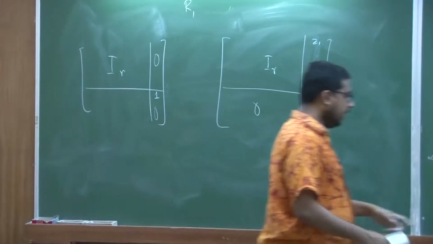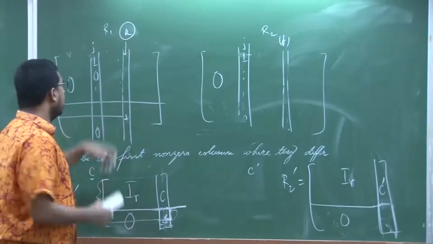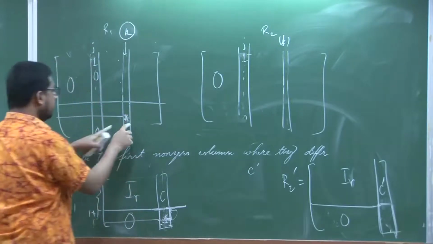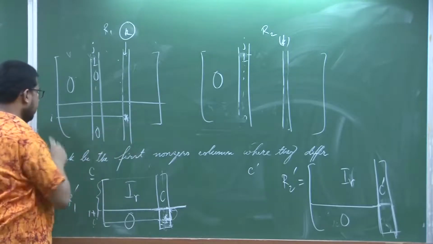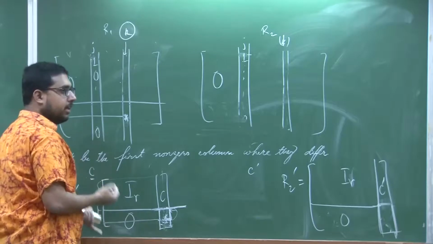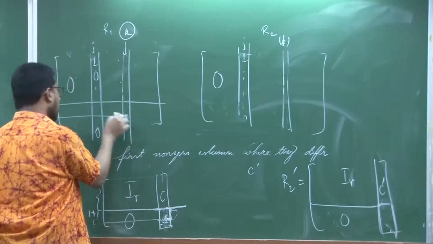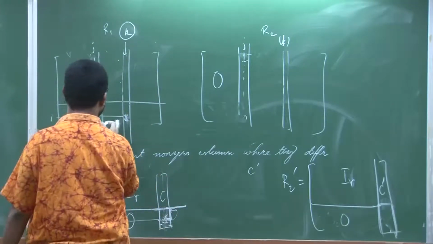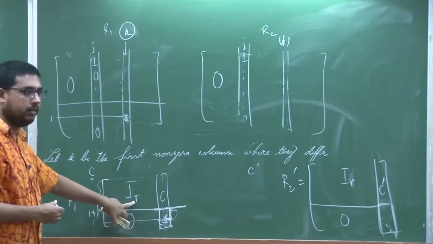I repeat, if any non-zero entry lies here, that means in the kth row of the R1 you have a non-zero entry somewhere. So, this means the corresponding row has a pivot, okay, and which column can contain the pivot? Either this will be the column that contains the pivot, or any column to the left of that, but I have considered all the columns to the left of that which contain pivots, and these are I1 up to Ir minus 1.